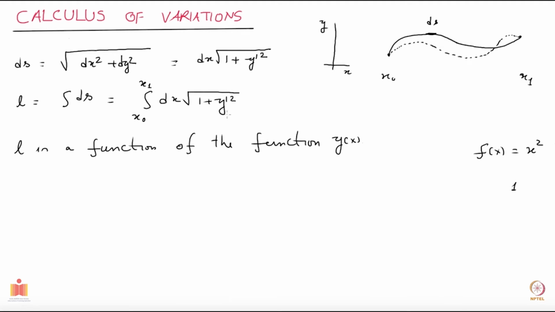You input a function and you get a number. So this is not a function but something different. These quantities are called functionals. So for me, that quantity L above is a functional. And what's a functional? A functional is a function of a function.